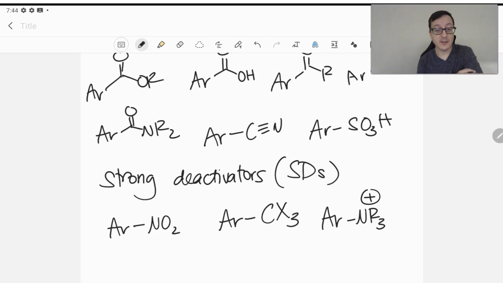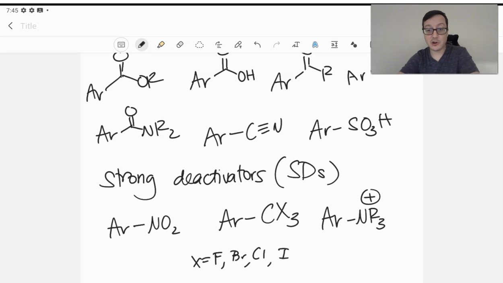Those will also fall under the category of strong deactivators. So with this, nitro groups, trihalogenated substances at that carbon, so trihalomethyl groups, that's CX3. Remember, X is our halogens, and then quaternary ammoniums. Because again, that has that positive charge there. We do not want to put a positive charge right next to another positive charge. These will deactivate because those will be withdrawing electron density.